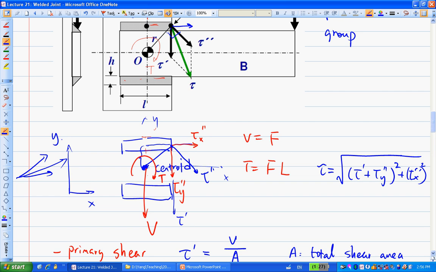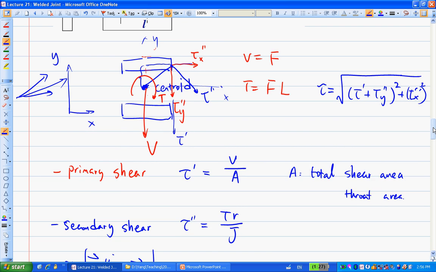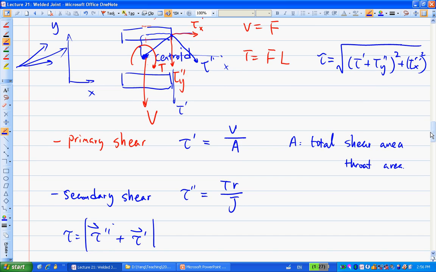Geometry-wise, if you look at this diagram, your tau x double prime will equal T times this portion here. That portion is the y coordinate of the centroid.